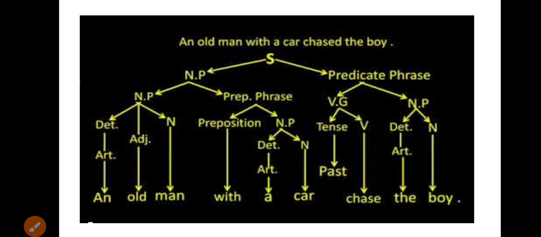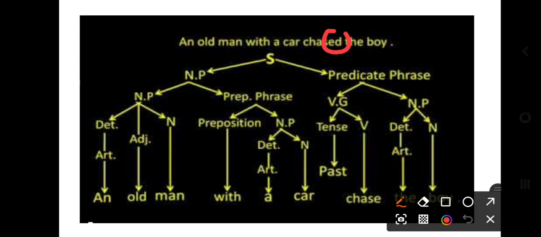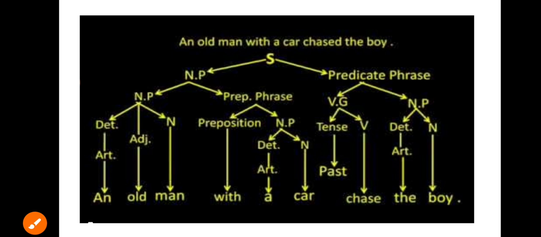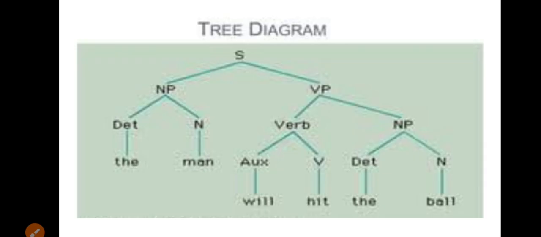And here the verb group, that is not a verb phrase, that's a verb group, because they have shown the tense, "chased", so that is chase past, right, and then chase, and then the noun phrase. Then: the man will hit the ball.